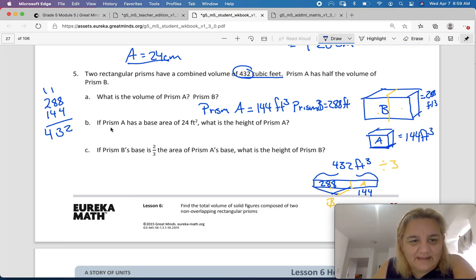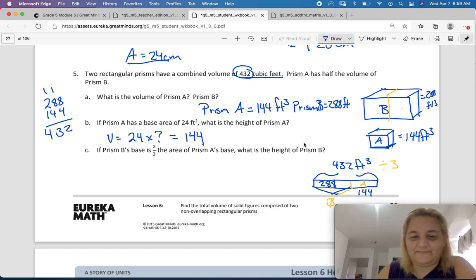Okay. If prism A has a base area of 24, so we know that volume equals base times height, or area times height, or length and width times height. So 24 times what equals 144.